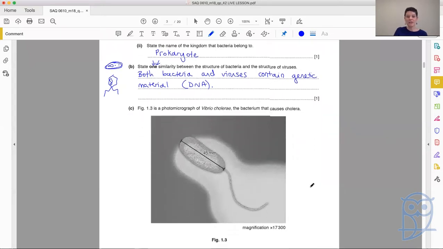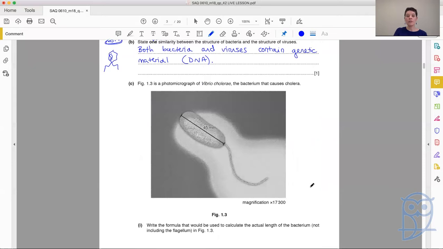So figure 1.3 is a photomicrograph, so a picture taken with a microscope, of Vibrio cholerae, the bacterium that causes cholera. So we can see here is our bacteria with the flagellum, and the length here, 45 millimeters. Magnification is times 17,300.